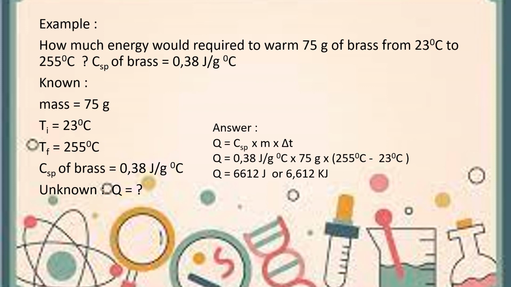Delta T is the final temperature minus the initial temperature, which is 255 degrees Celsius minus 23 degrees Celsius. And you get Q equals 6612 joules, or you can convert it to kilojoules by dividing by 1000. It will be 6.612 kilojoules.